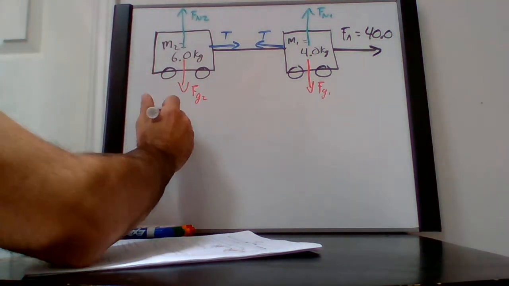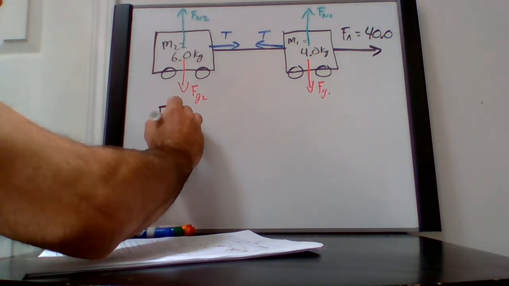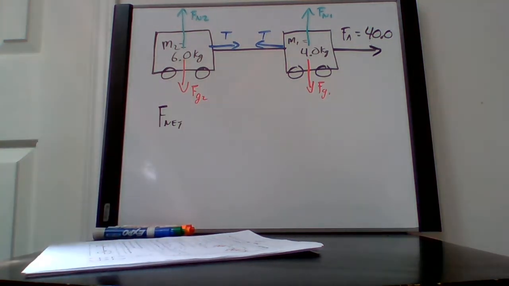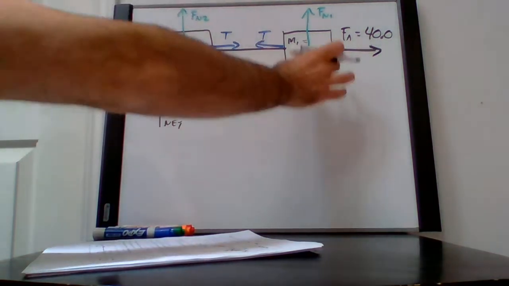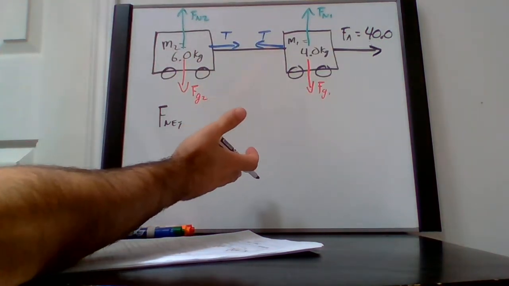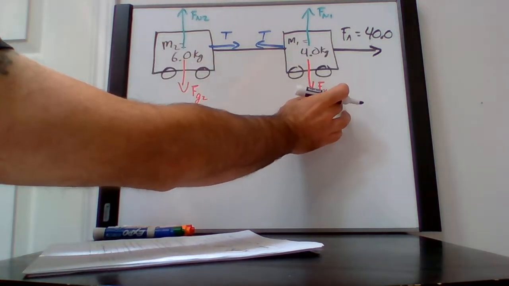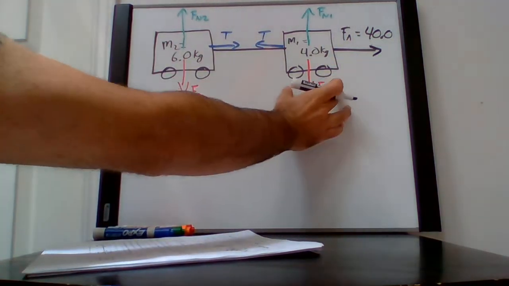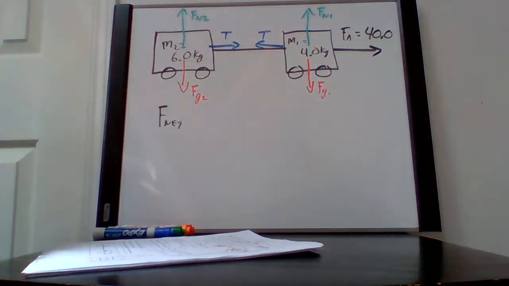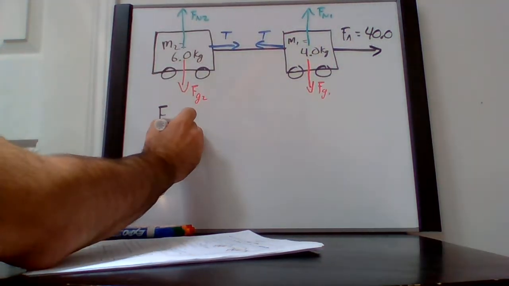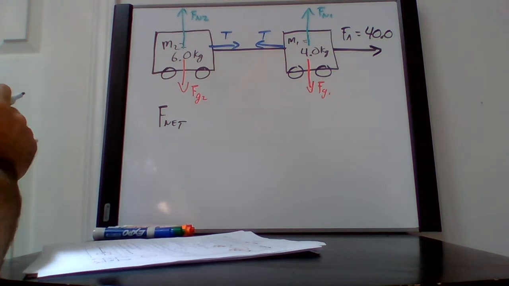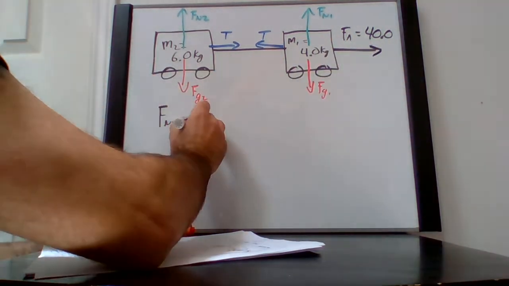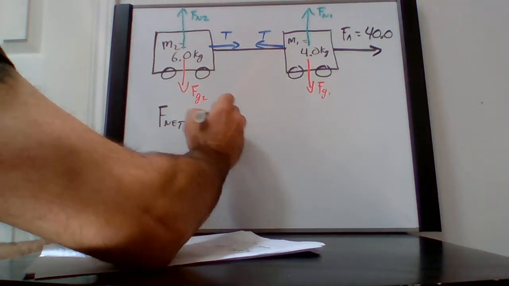Let's take a look at this and say, what is our F net for this entire situation? Our verticals we're not really too worried about because we're on that flat surface. Our FG1 is the same as our Fn1, our FG2 is the same as our Fn2, right? Force of gravity equals the normal force when we're on that flat surface. So if I'm looking at my F net here, I have my F applied, right?